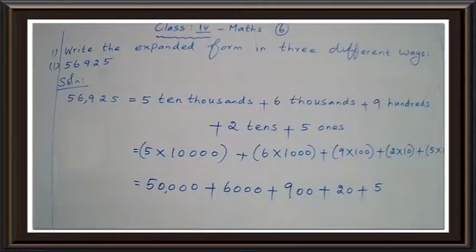Okay, now 5 10,000s can be written as 5 into 10,000, plus 6,000s can be written as 6 into 1,000, plus 900s can be written as 9 into 100, plus 2 tens can be written as 2 into 10, plus 5 ones can be written as 5 into 1.